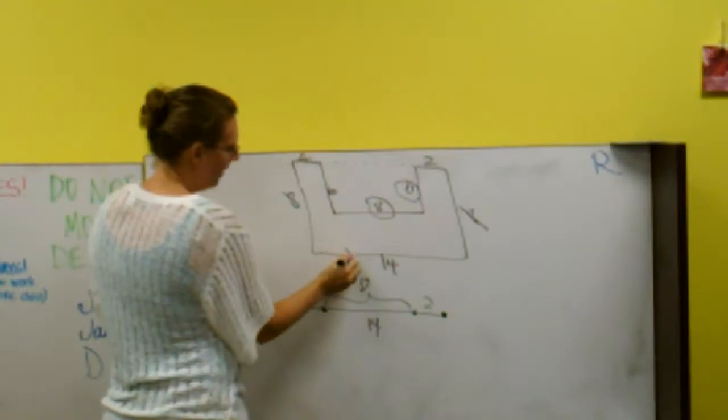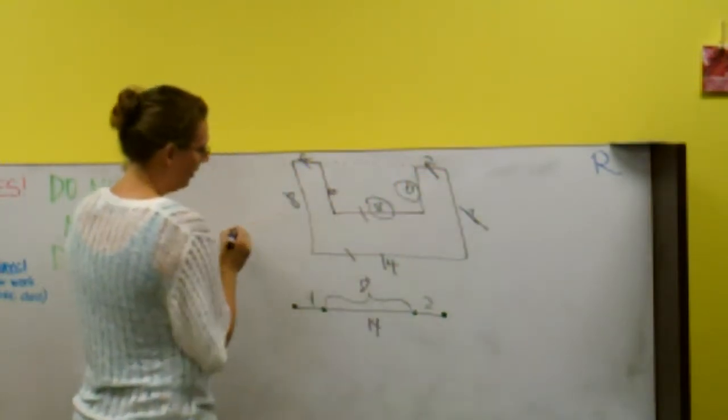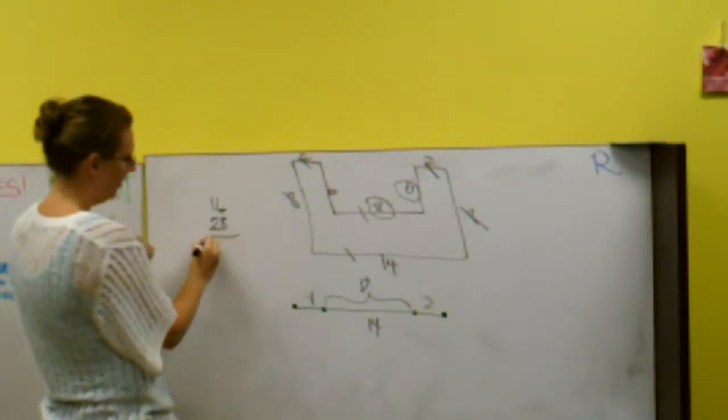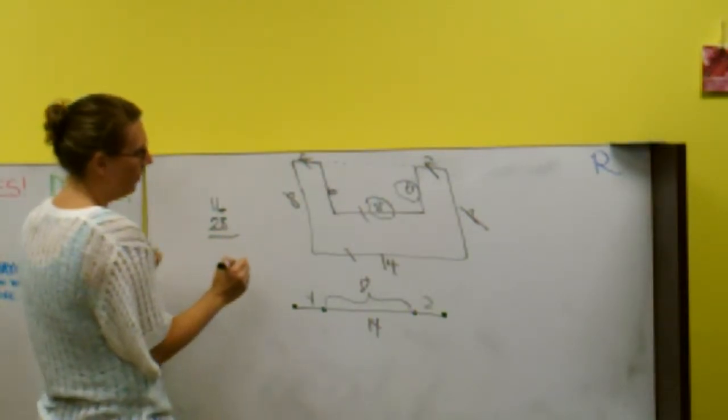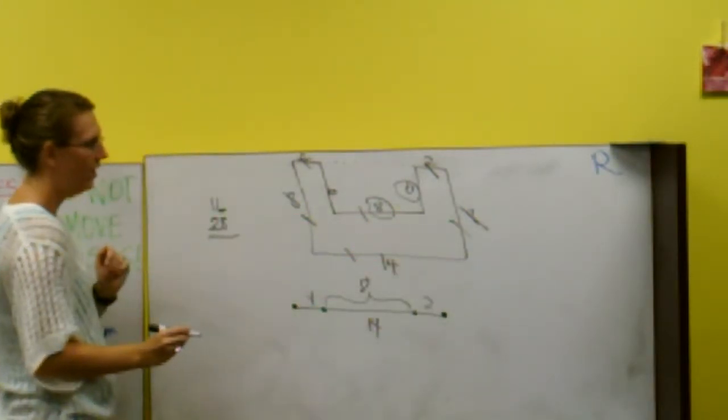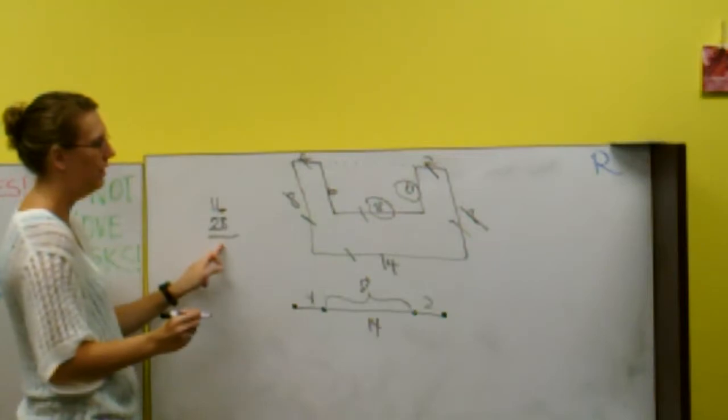Okay, so she's taking care of this one and these 3 together. So we've got 16 and 28. What else are you going to need to add to it? You took care of all the ones that got slashed. That's one way you can do it. What's missing?